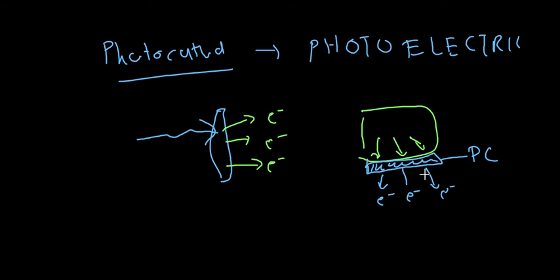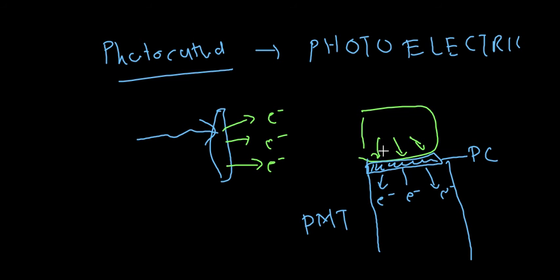It is a simple light detector. Proportional to the light falling on this photocathode, it is going to emit electrons. Now these emitted electrons will travel into our photomultiplier tube. This is the last part of our detector.